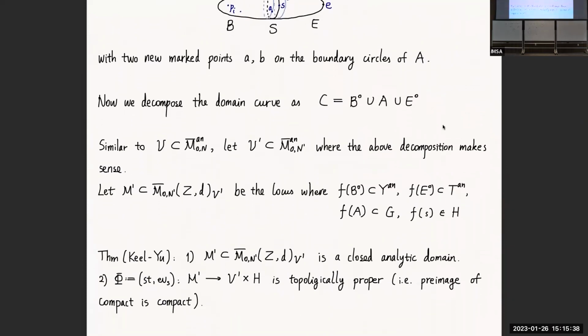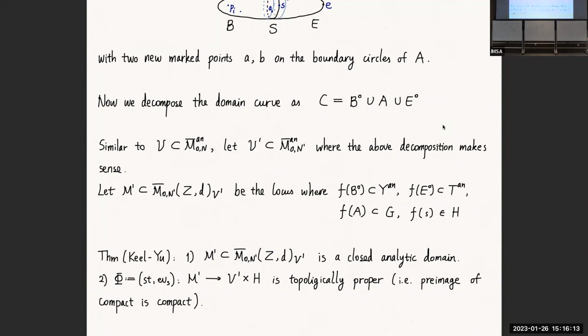Similar to the locus V we considered before, now we have to consider this locus V prime, where it makes sense to cut the curves. And we denote by M prime this locus where we have the body open disk going to Y, the end open disk going to T, the annulus going to G, and the marked point going to H. So now we proved that this locus is a closed analytic domain.